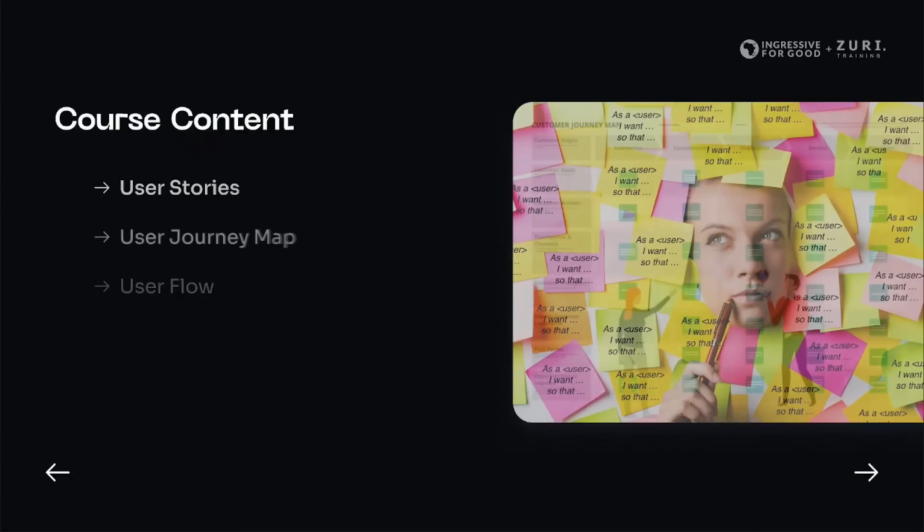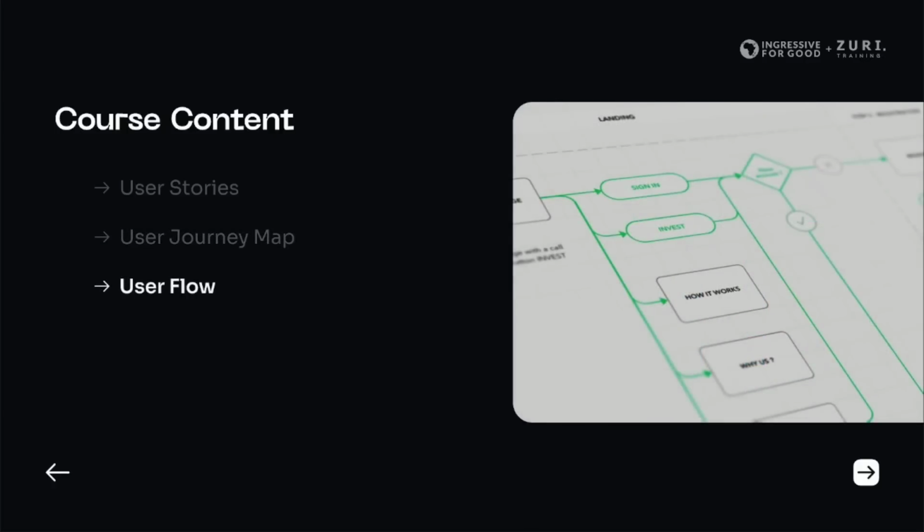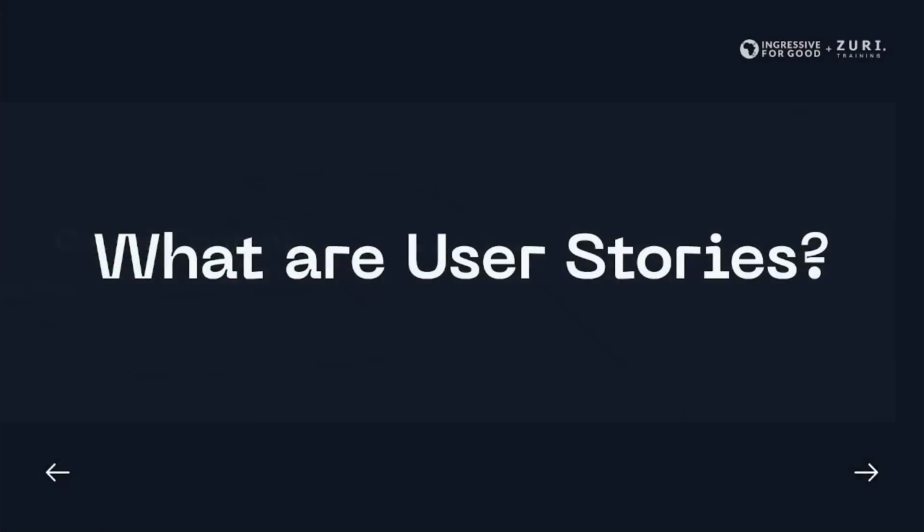After that, you will learn about User Journey Map, a tool used by UX designers to understand the obstacles a user faces while interacting with a product. Lastly, we'll explore what user flows are.